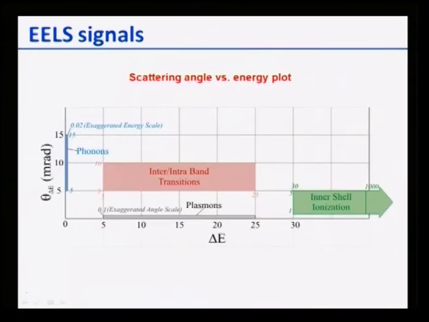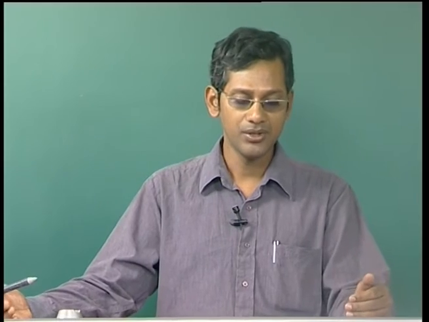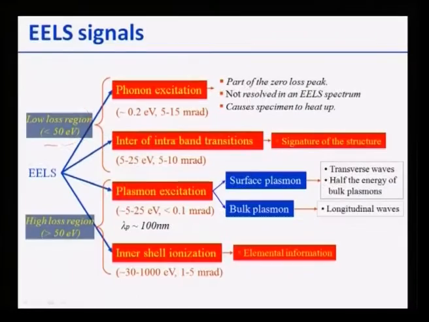I will go back to this slide, where the first thing is the division of regions based on energy. In the low loss region, which is less than about 50 electron volts, we have phonon excitations, which are very small, close to 1 eV or less, and they are not of any significance for the measurements, because the beams used for electron loss spectroscopy are not so monochromatized that we can talk about an energy split of about 0.5 electron volts. So, they are not resolved at all.